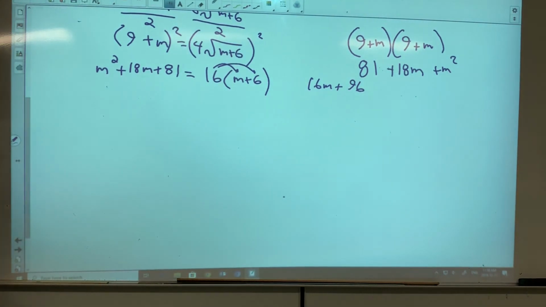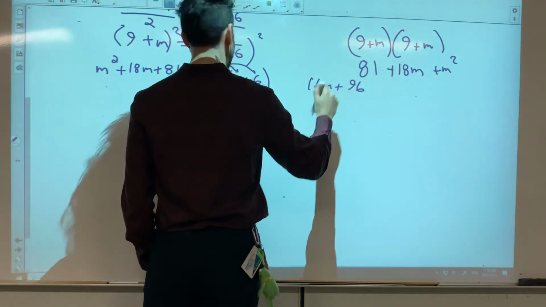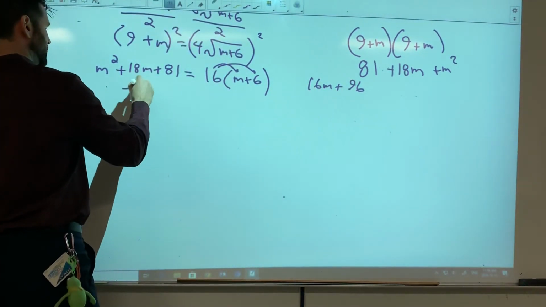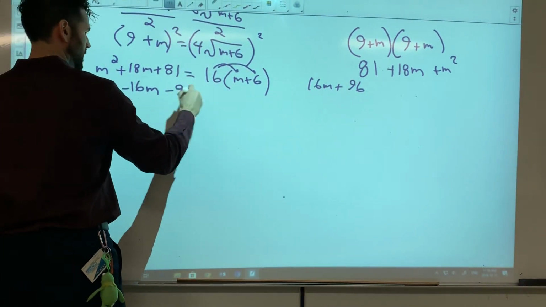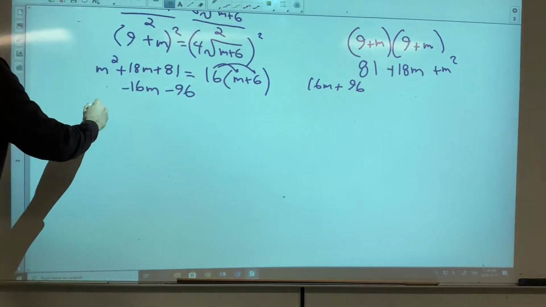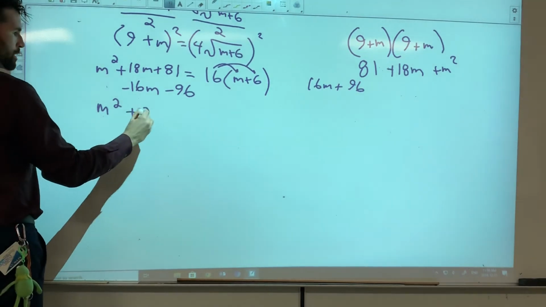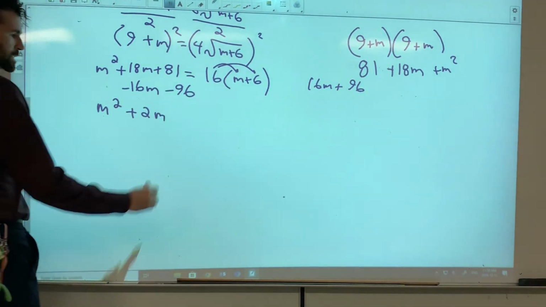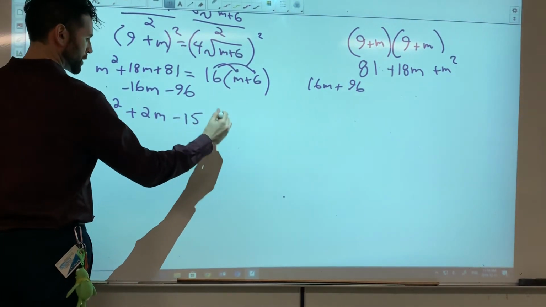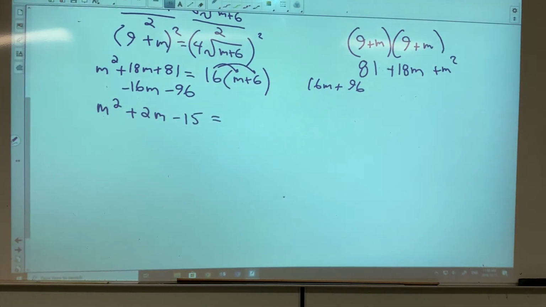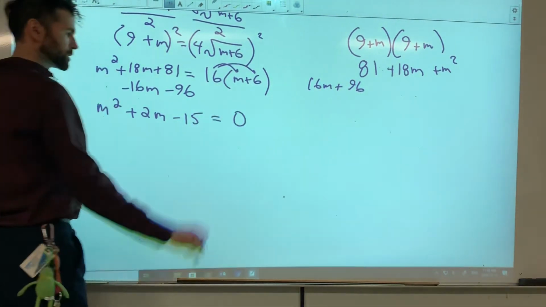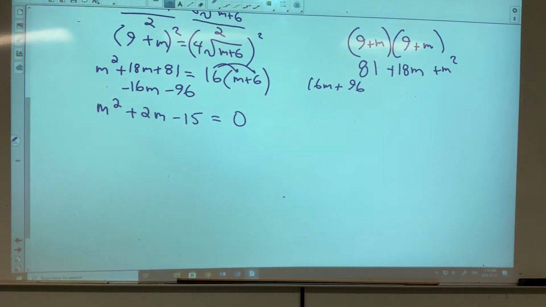Okay. So we're going to subtract this from both sides. So we're going to subtract 16m, and we're going to subtract 96. So let's see, the m squared remains untouched. 18m subtract 16m gives me 2m. 81 subtract 96 gives me negative 15. And what do I have on the right-hand side? Very good, 0. Don't lose your 0. Now can I factor that?